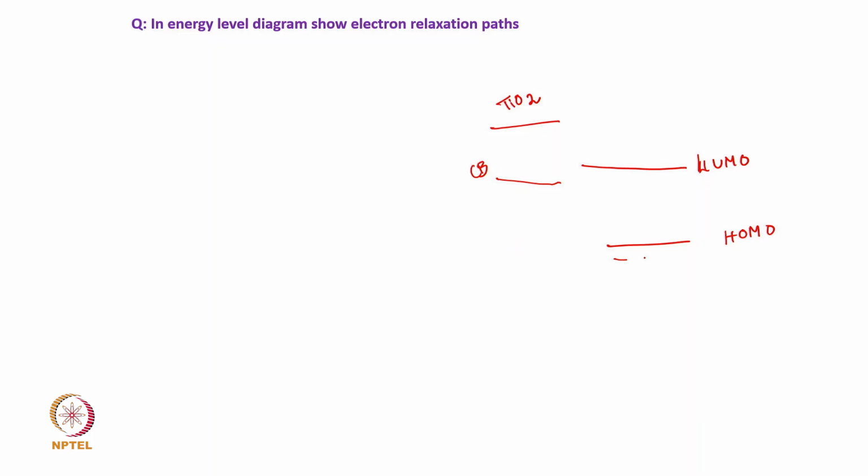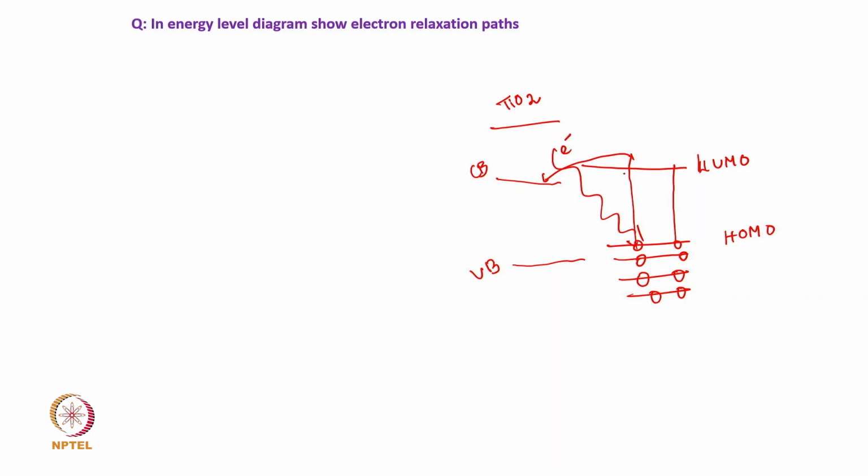And there is the valence band of TiO2. So, we have seen the generation process, there are different electrons in HOMO. After photo excitation, electron goes here in LUMO, and then they are transferred here.